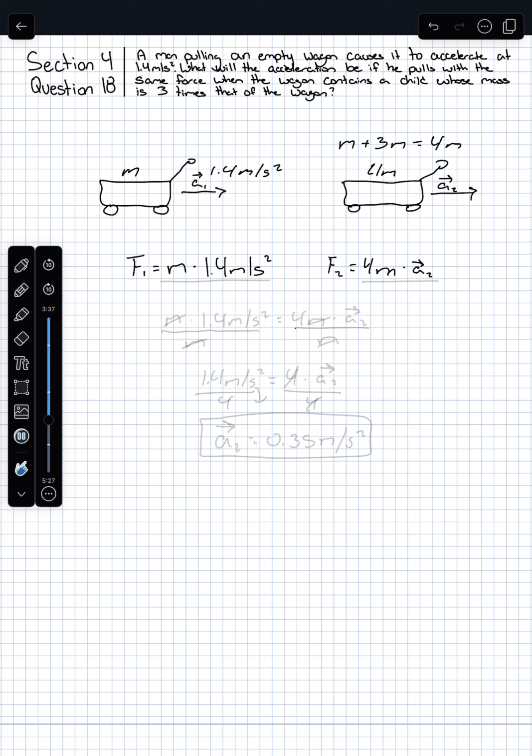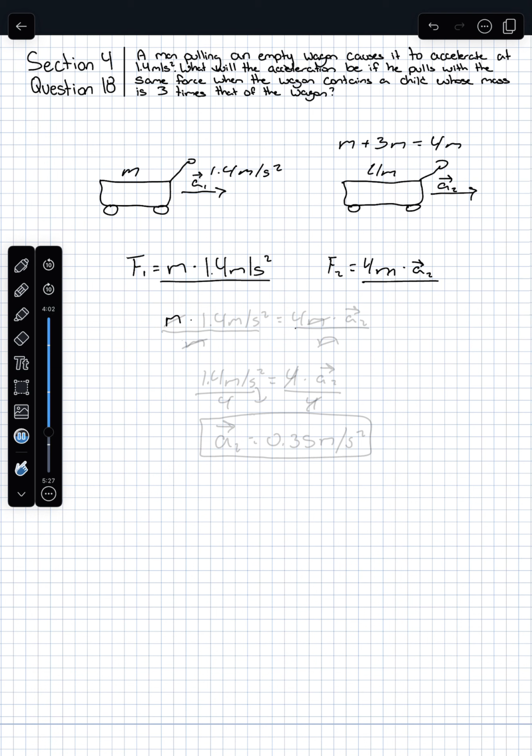So we know that the forces have to be equal, as it says that he pulls with the same force when the wagon contains a child and when it's just an empty wagon. So we know that these two equations have to equal each other.